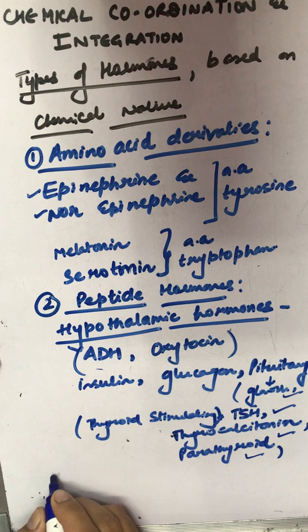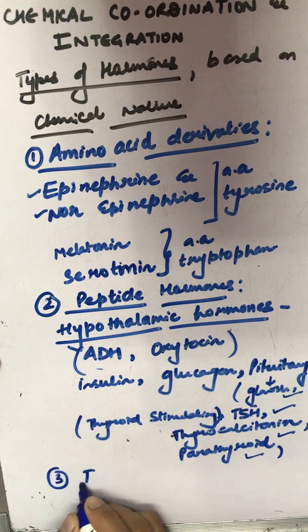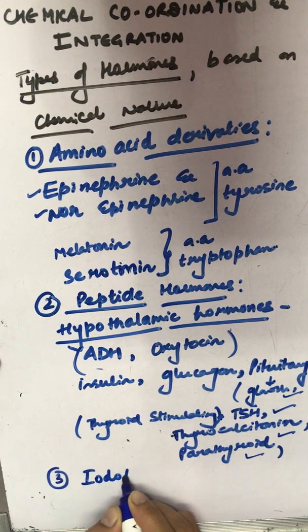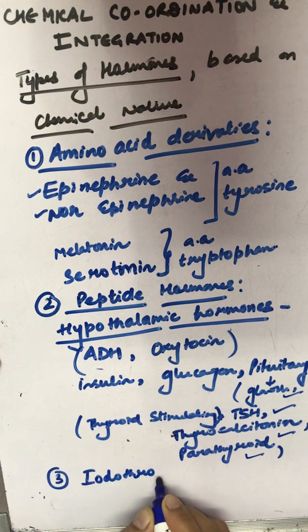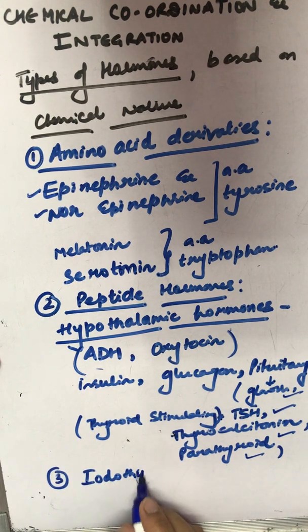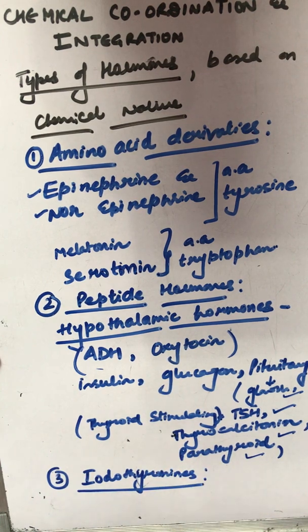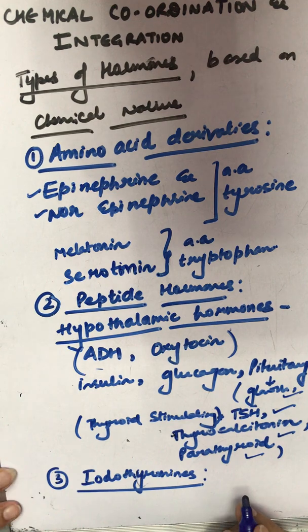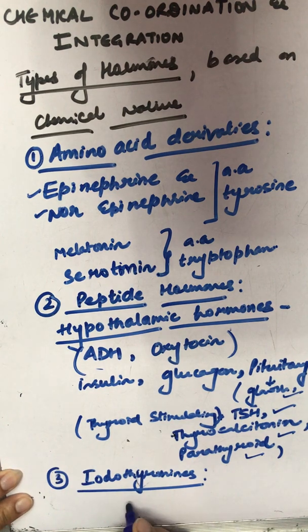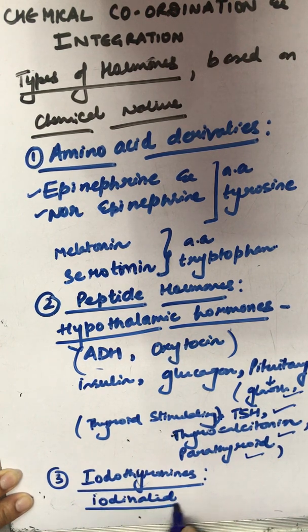Now the third category, these are iodothyronines. This is a group of iodinated, meaning iodine based, amino acids.